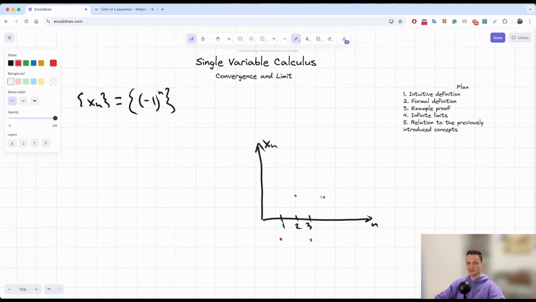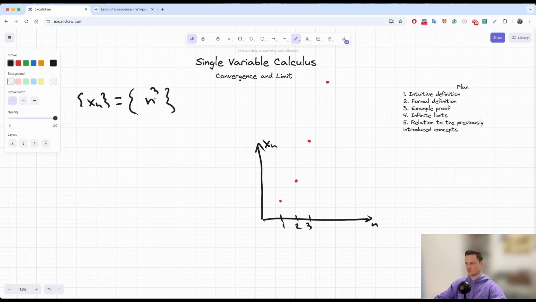On the other hand, a limit may be infinite. So if the terms of the sequence grow in absolute value beyond any real bound, we say it diverges to infinity. Such a sequence is called infinitely large, and yes, it is exactly what we were talking about during the previous lecture.